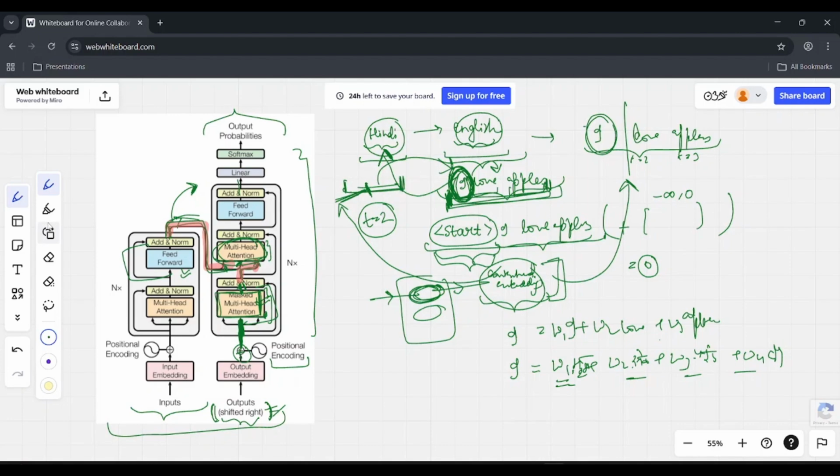Okay, so what we are saying here is that the embeddings that we are getting after this cross attention block actually tell you how much our outputs and output embeddings are dependent on our inputs. Okay, how related they are. And that information is necessary, right?